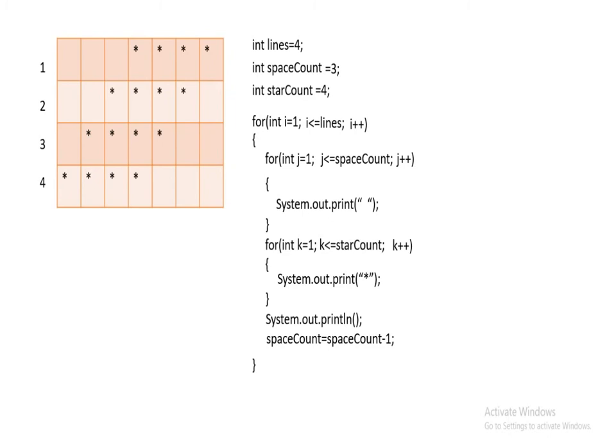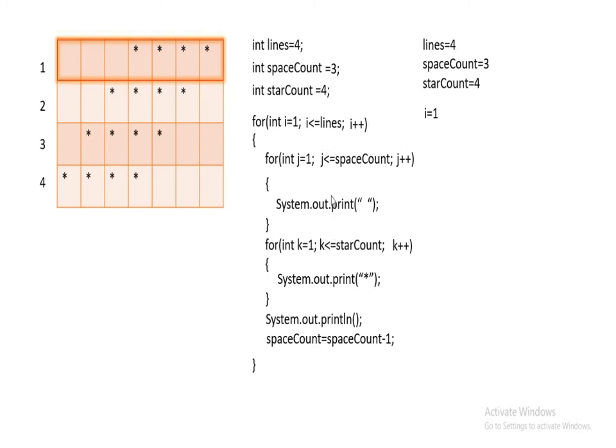Let's see the logic behind this program. First of all, declare and initialize 3 variables with their values. Then we have a for loop with integer i equal to 1. So line 1 is selected. i less than or equal to lines means 1 less than or equal to 4.